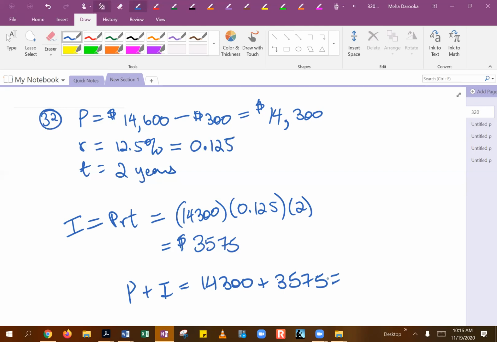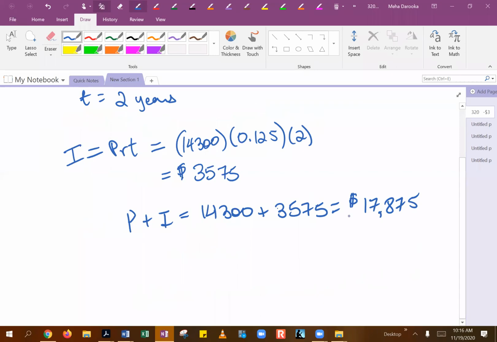Okay, so let's see, you guys got 17,875, Ethan, Molly, Maribel already. Very nice. So this is the total amount Sven has to pay back to the dealership. So this is the dollar amount you are going to be dividing by your 24 monthly payments.